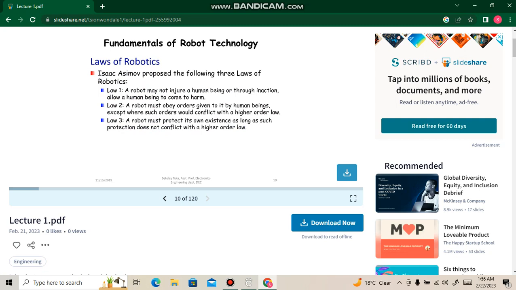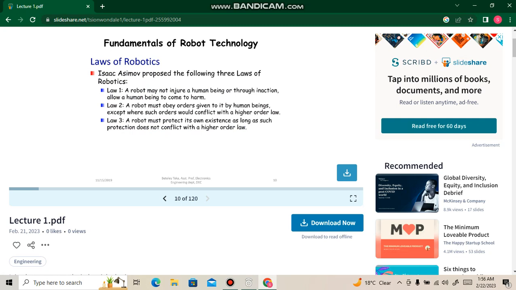Laws of robotics. Isaac Asimov proposed the following three laws of robotics. Law 1: a robot may not injure a human being or, through inaction, allow a human being to come to harm.